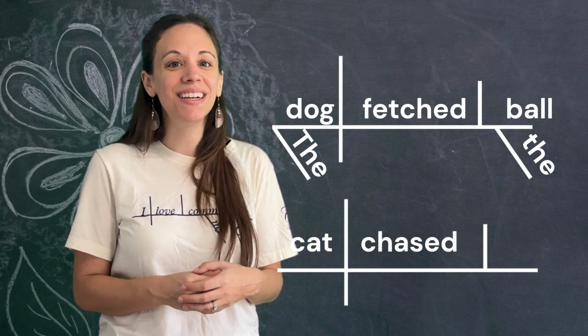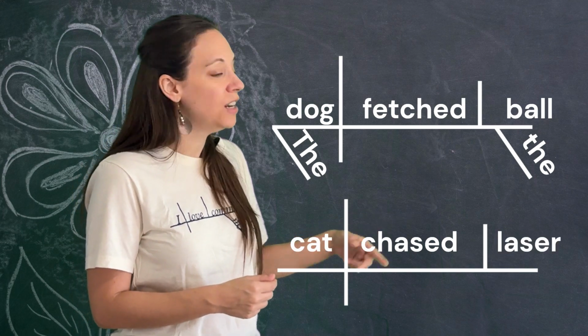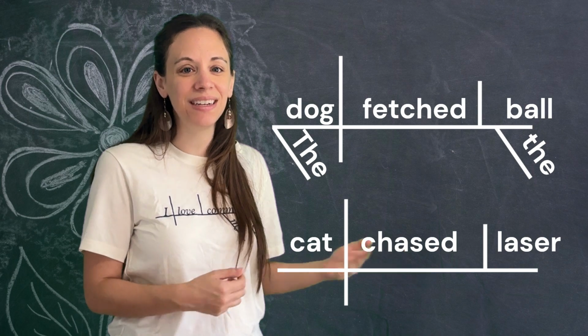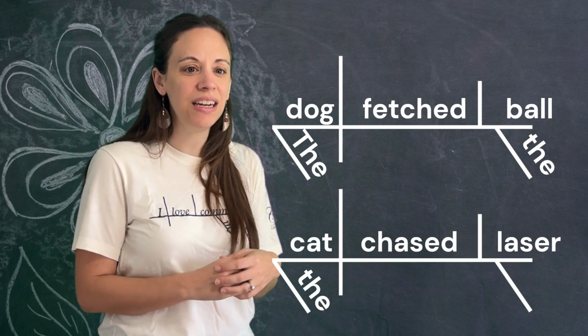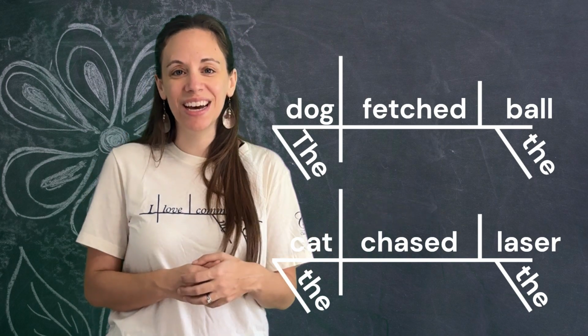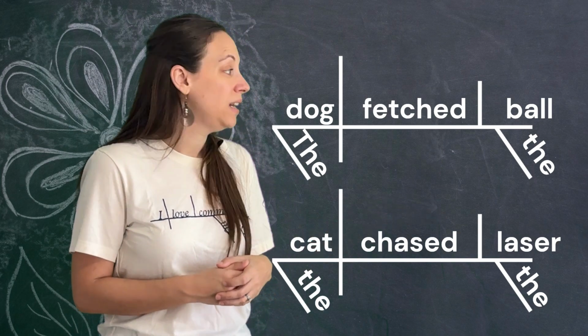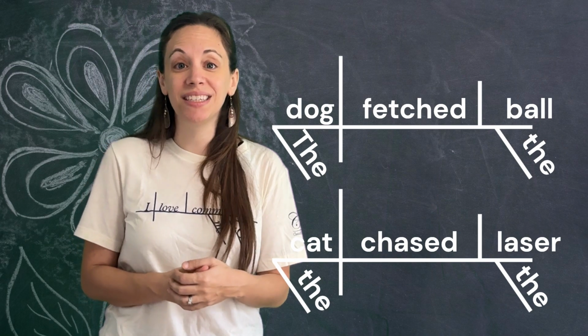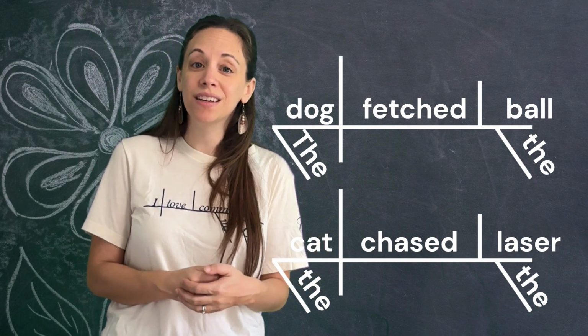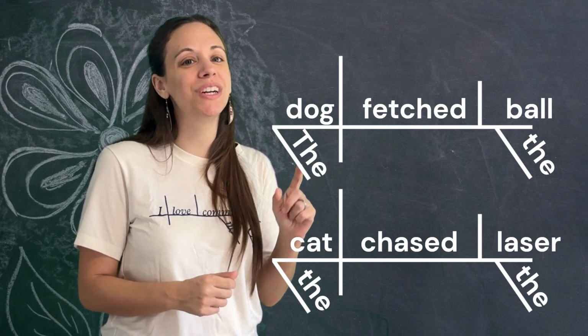And laser is our direct object. Which cat was it? The cat. So that's modifying cat. That'll go on the diagonal line. And which laser was it? The laser. The second the will go under laser. Our two independent clauses are diagrammed. Now we have to figure out how to connect them. This is what makes the compound sentence structure, is that word and.